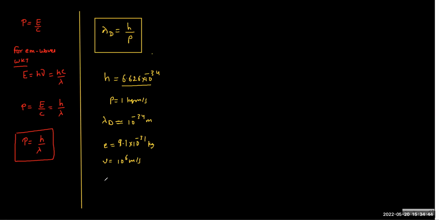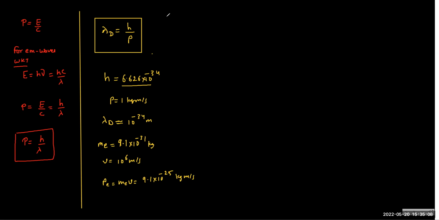Still, you can see that the momentum of the electron, m e into v, is quite significant actually, isn't it? So m into v will be 9.1 into 10 power minus 25, correct? Yes. kg meter per second.